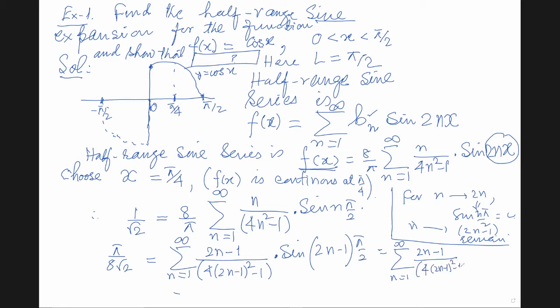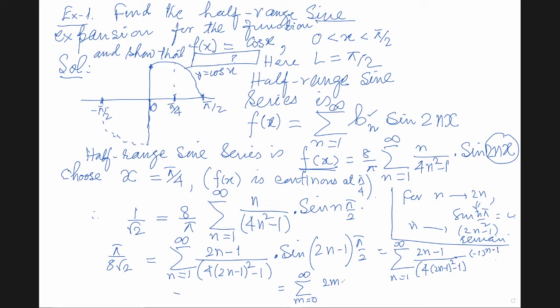Keep it like this, into minus 1 to the power m. And I told you this can also be asked as m equal to 0 to infinity, this will be 2m plus 1, sorry, this minus 1, because sine of odd multiple is this.